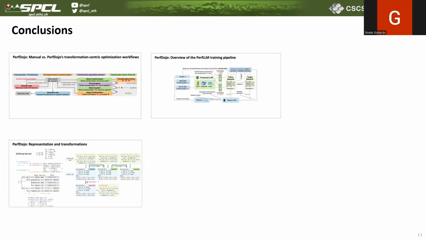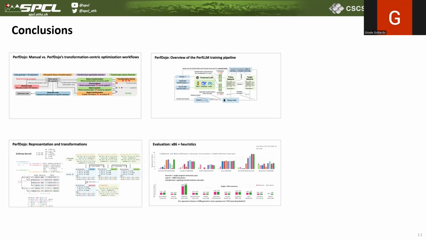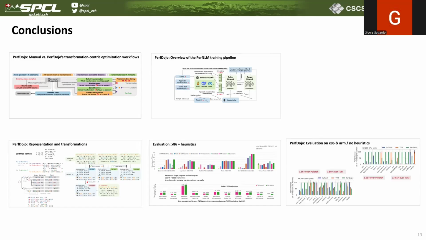And we proved that with the right selection of transformations, we can reach competitive performance on both existing and novel hardware like Snitch. And finally, we showed that PerfLLM can automatically find these transformations that achieve great performance, and it can beat TVM and PyTorch over two architectures.